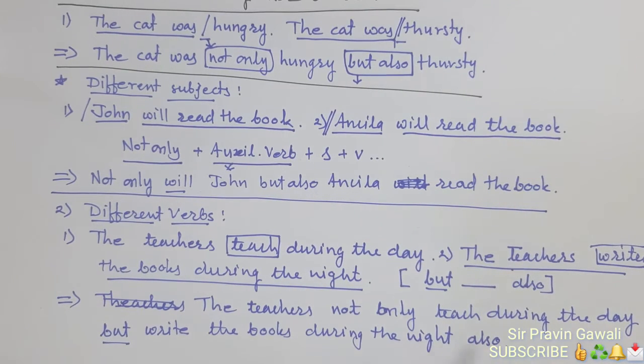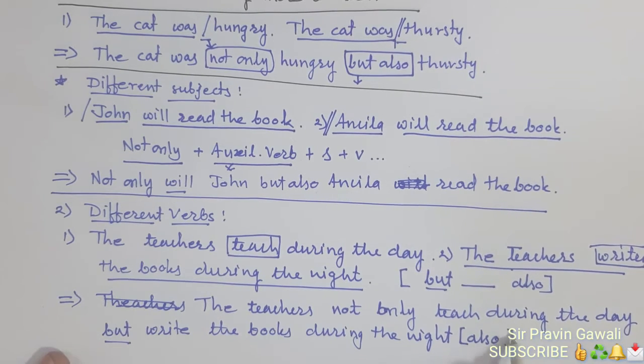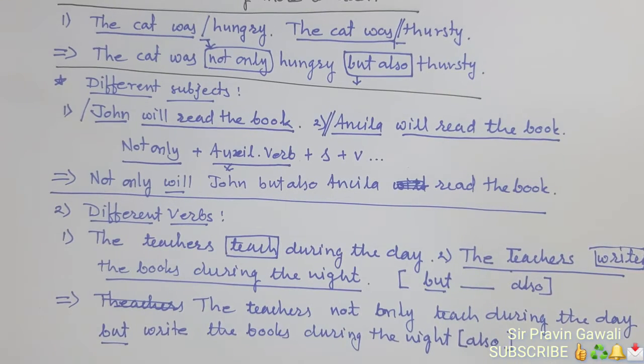Sometimes there is no need to write also because we can assume that there is also at the end of the sentence. Okay. So the sentence will be: the teachers not only teach during the day but write the books during the night. Also can be assumed. So there is no need to write sometimes also.